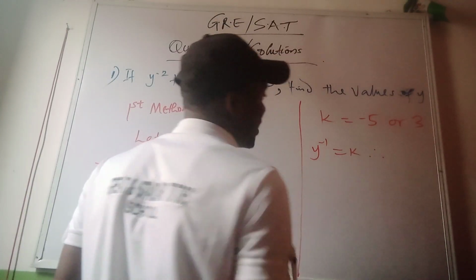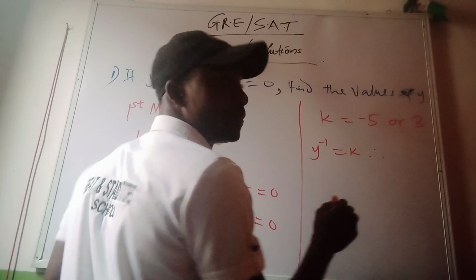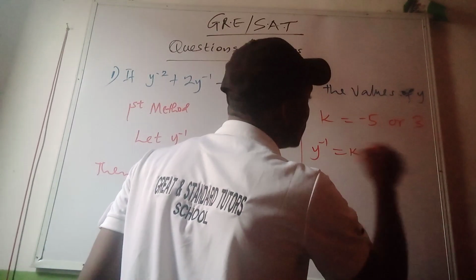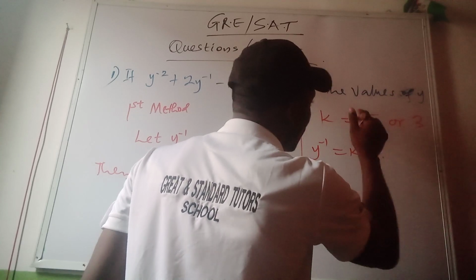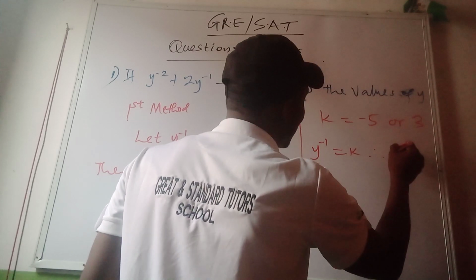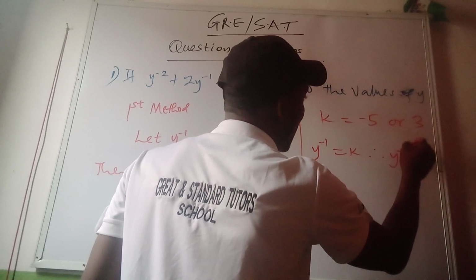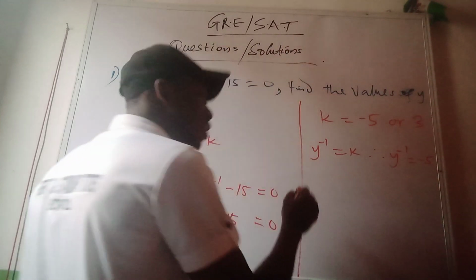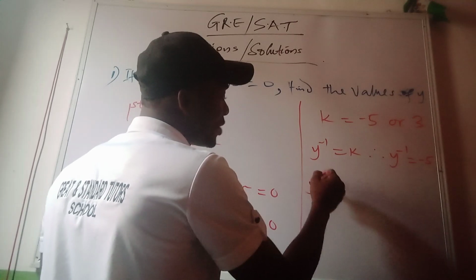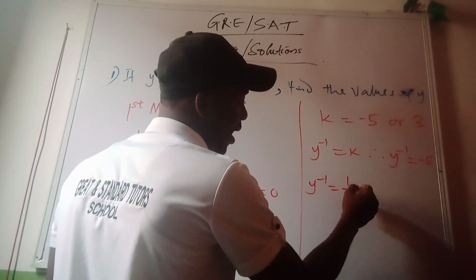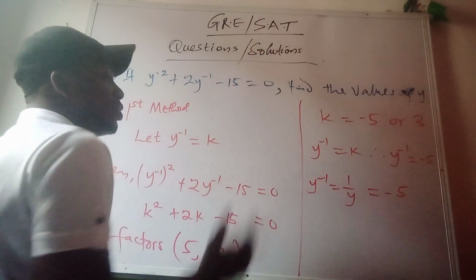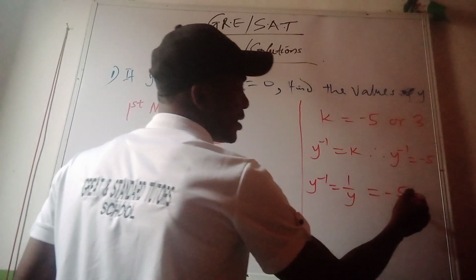Therefore, mathematically, using the first one, I can say y raised to power minus 1 is equal to minus 5. Don't forget that y raised to power minus 1 is the same thing as 1 over y. So I can say this is minus 5, which is also over 1.